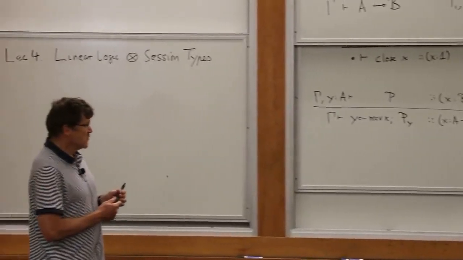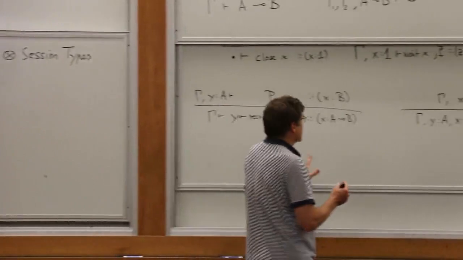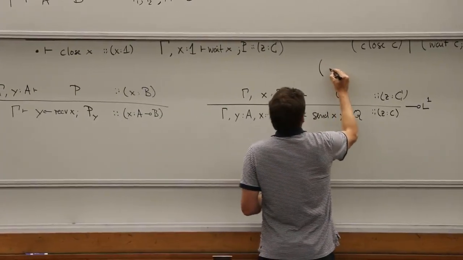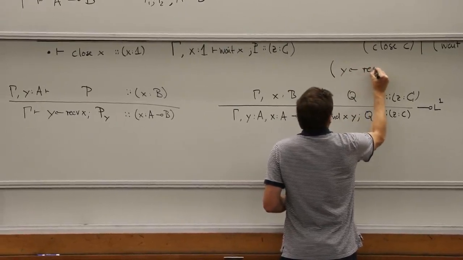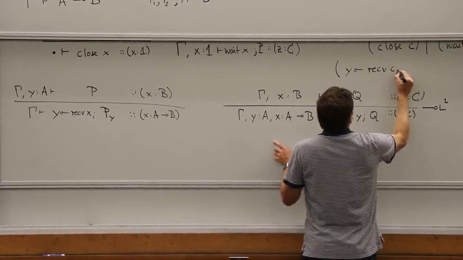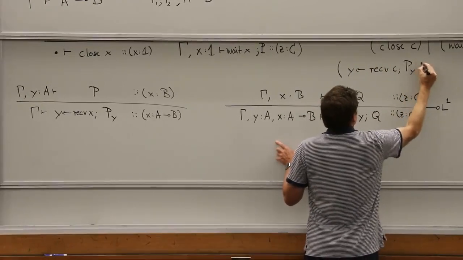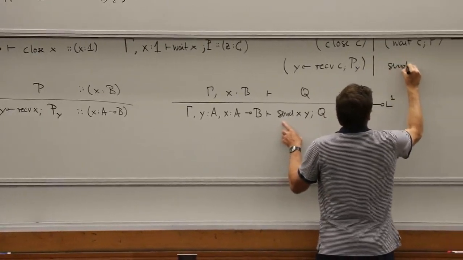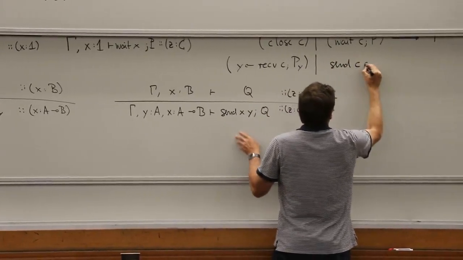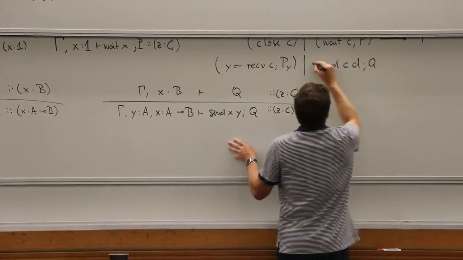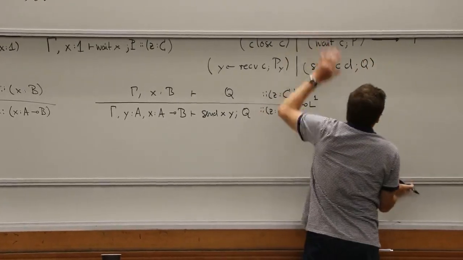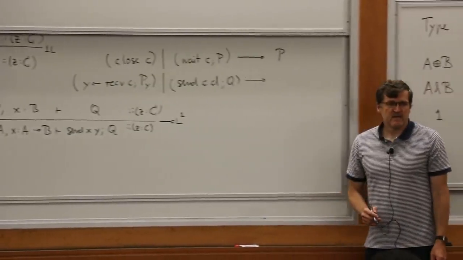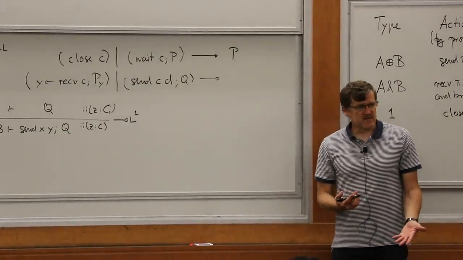Okay, but the computation rule I can write down for you, and you should be able to write this down too. If you have one process that receives y along channel C and continues as P depending on y, and you put this in parallel with the process that sends along C the channel D, after the interaction, what should we have? Well, we should still have two processes, right?